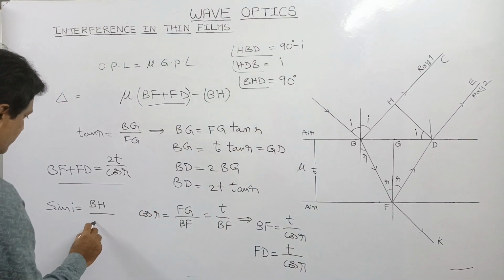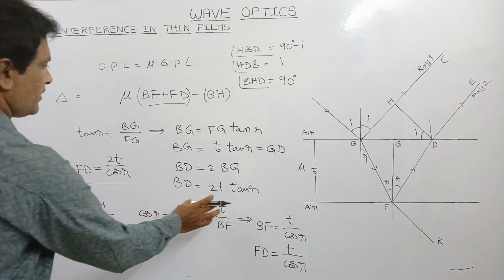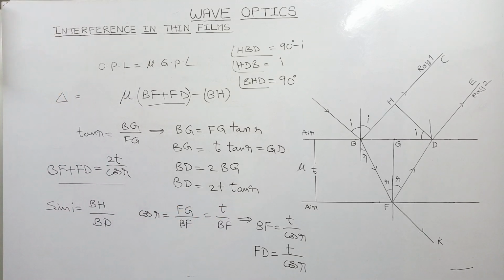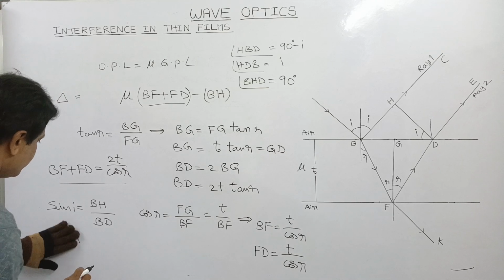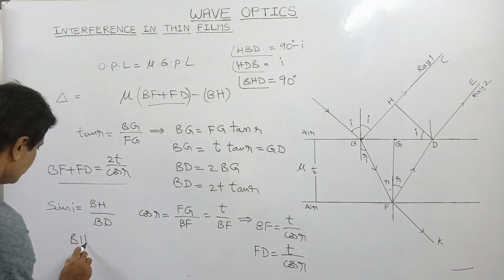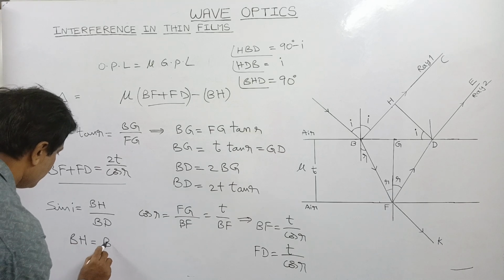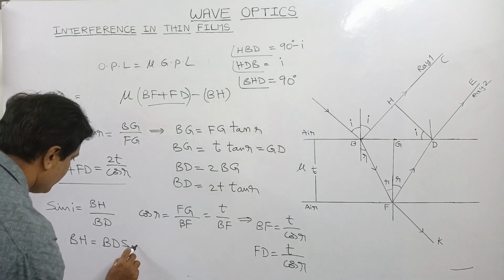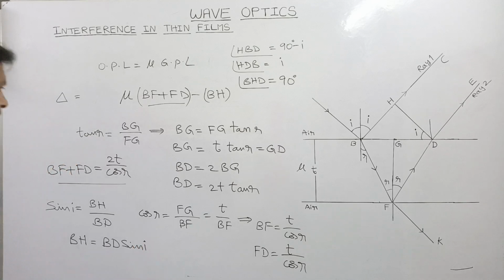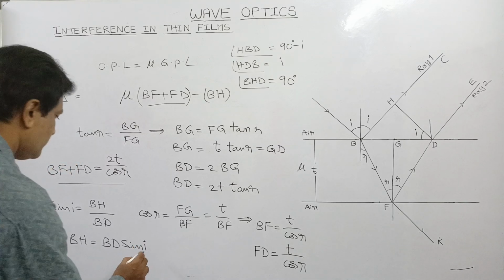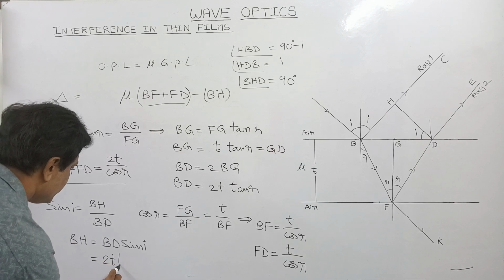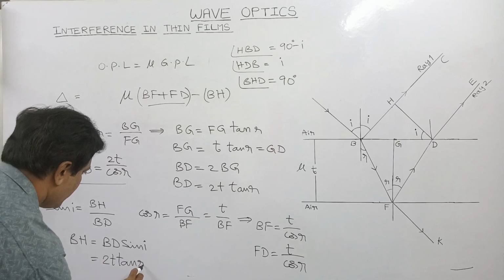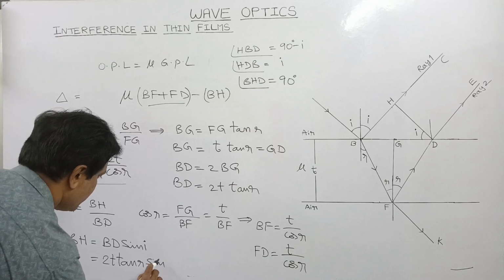BD value we already got, 2t tan r. So BH is equal to BD sin i, which is 2t tan r sin i.